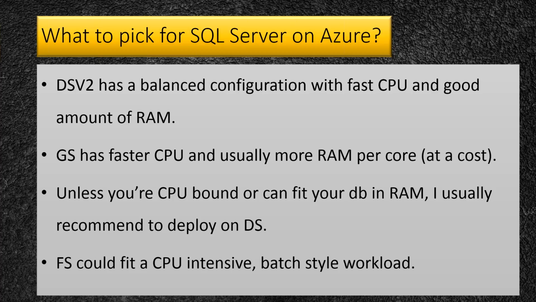That type of workload could work well on FS because it might not need as much RAM, or if it does use up all the RAM, it's not an interactive high performance workload where there are thousands of users waiting for it, right? For that scenario, I could see an FS working well, and the FS would be cheaper than the GS definitely, and cheaper than a DSV2 as well.